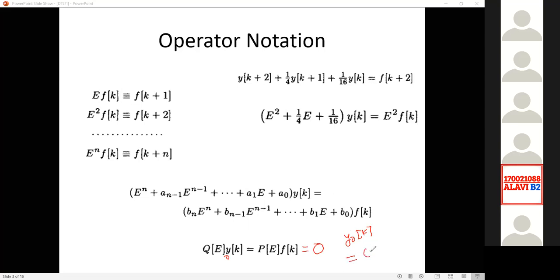Usually it is written as some constant C times gamma to the power n. This will be the nature of the homogeneous solution for your discrete time system. Now we have to explain what it is. C is the constant that will be determined. We'll explain it later, but the only characteristic factor is gamma. This factor will determine the nature of the response of your y0[k].